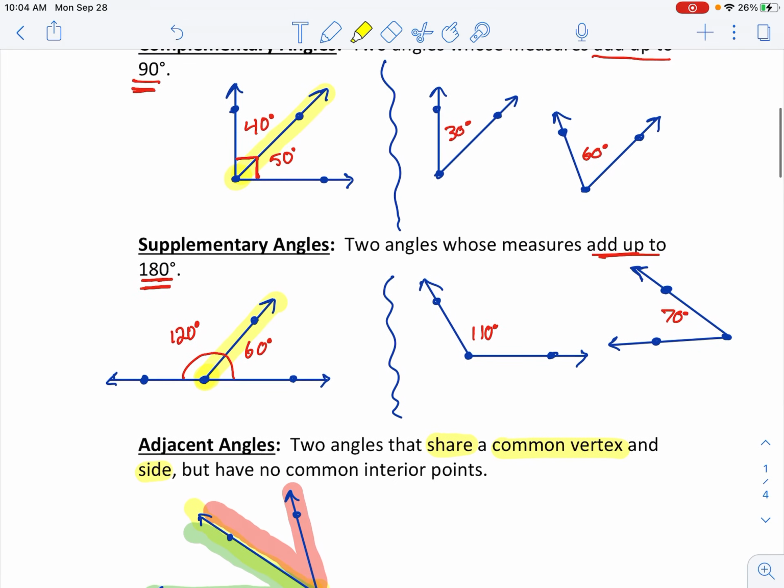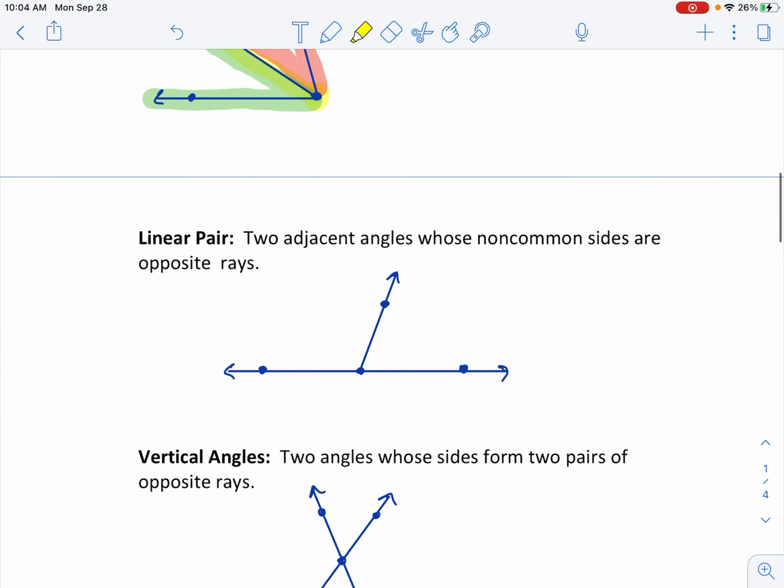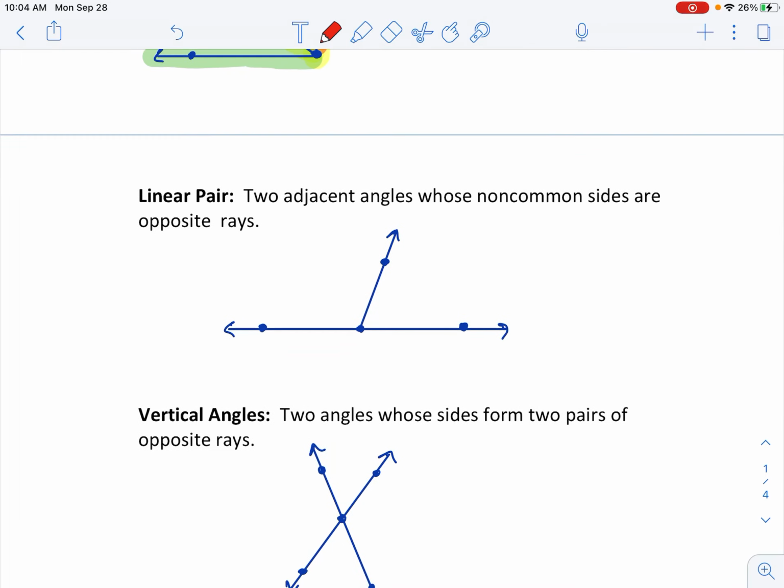And you'll see that when we combine angles together. Linear pair kind of takes two ideas and puts them together. Before I read it off, I want you to focus on the first part of linear, which is line. It will make a straight line. The next part is that it's a pair of angles that are adjacent and supplementary.